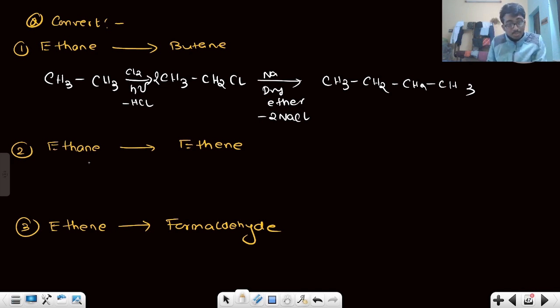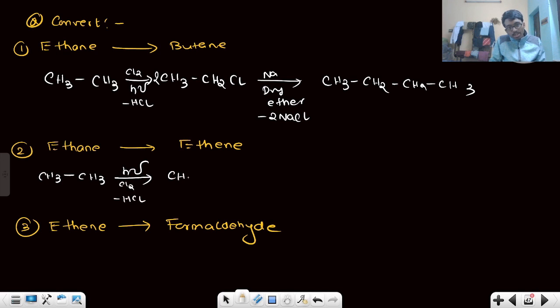Next, ethane to ethene. Now how will you convert from an alkane to an alkene? That is also very easy. In this case you have to use alcoholic KOH. First I have to write ethane, CH3CH3, use H nu and Cl2, minus HCl.